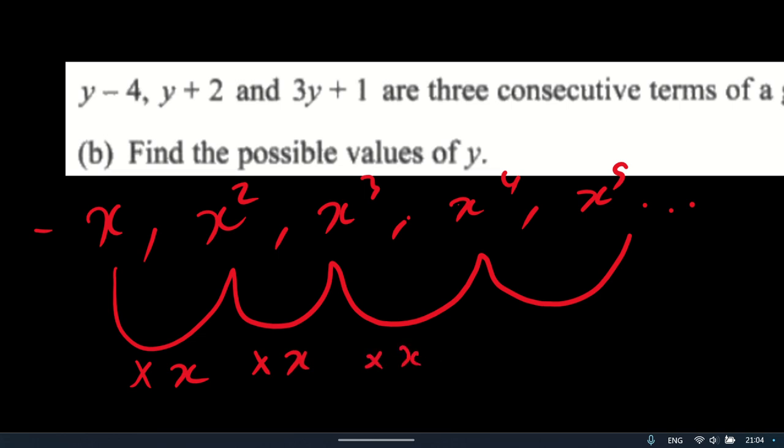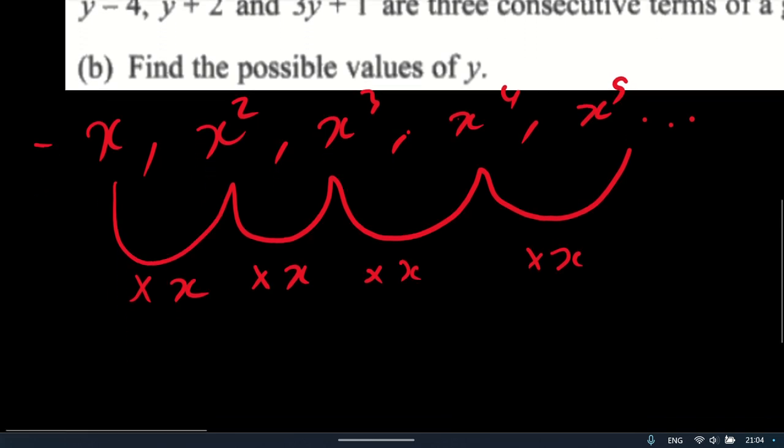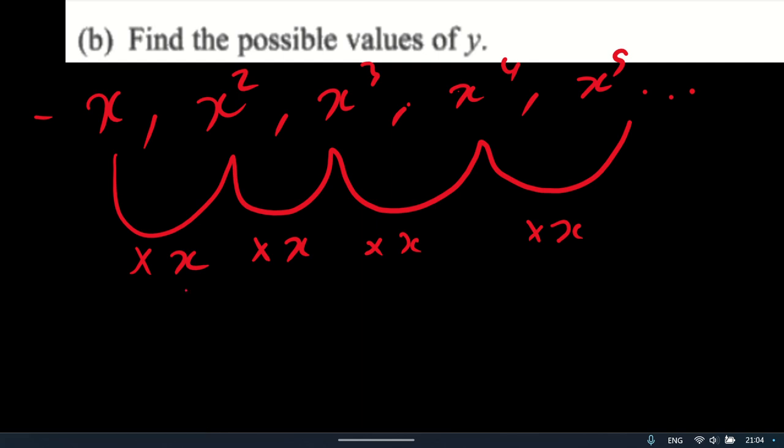For geometric sequences, you always multiply the same number to each value. So this number that we multiply with is called the common ratio.